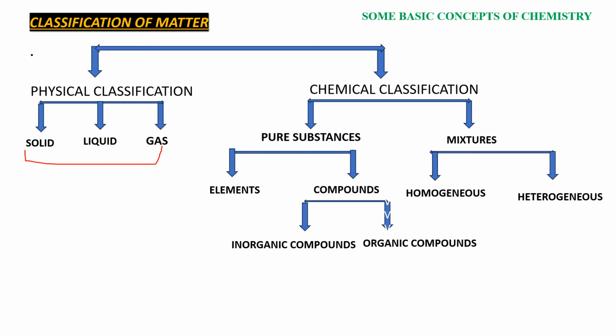Further, pure substances are classified into two types: elements and compounds. Compounds are again of two types: inorganic compounds and organic compounds. Mixtures are further classified into two types: homogeneous mixtures and heterogeneous mixtures.